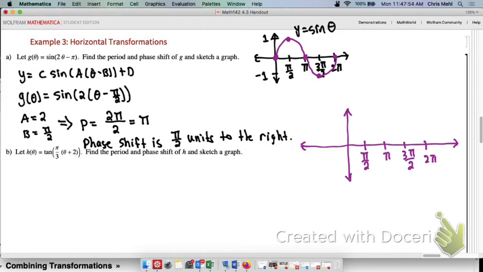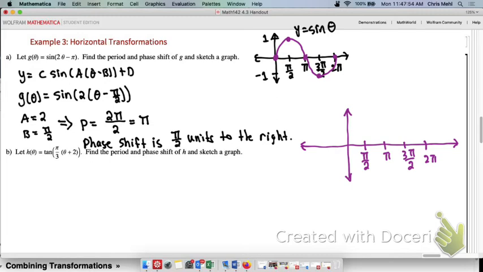Notice that it's an interval from 0 to 2 pi. And to get all the tick marks, I've divided the period by 4, right? So 2 pi divided by 4 would be pi over 2. So I'm doing tick marks every pi over 2 units.